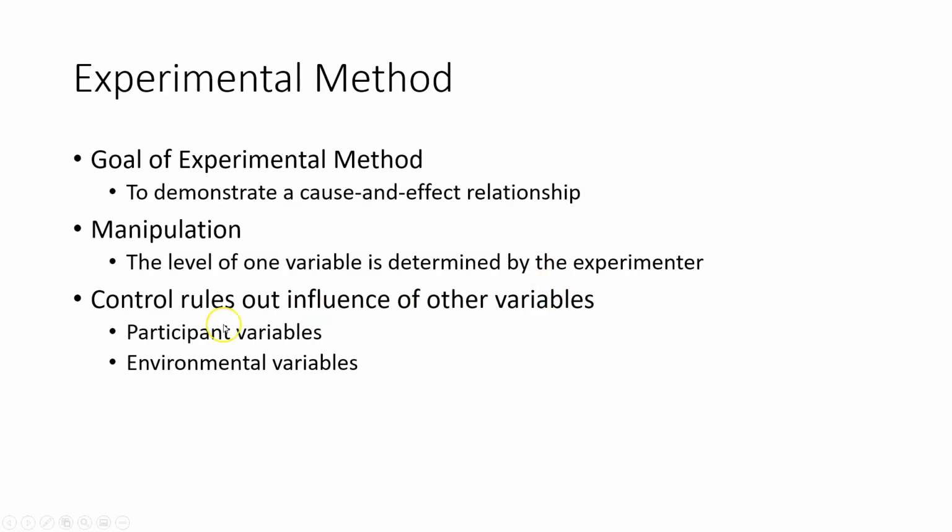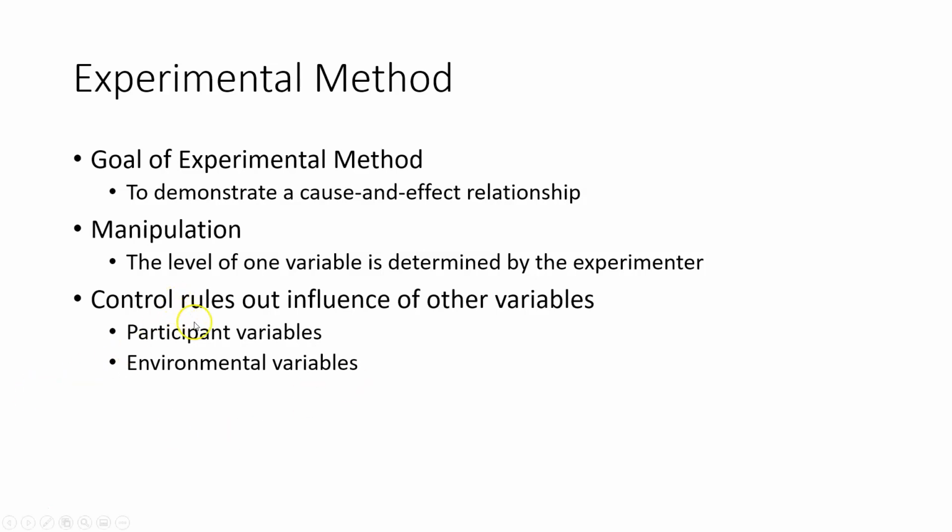The experimenter also has control over the influence of other kinds of variables that are going on in the lives of the participants. These include both participant variables and environmental variables. So a good experimenter will have a laboratory condition where all of the external factors are kept the same, so that every single person who enters the laboratory experiences that experiment in the exact same way as everybody else.